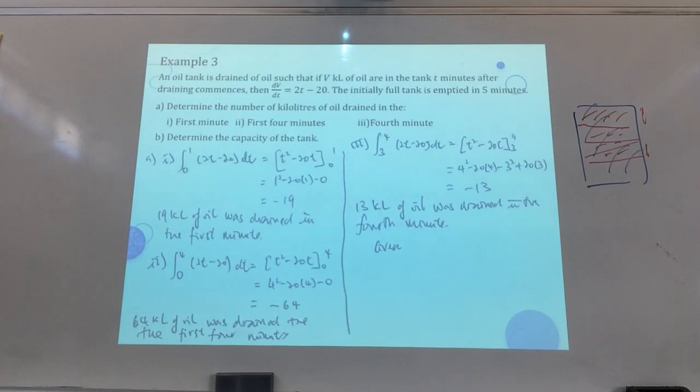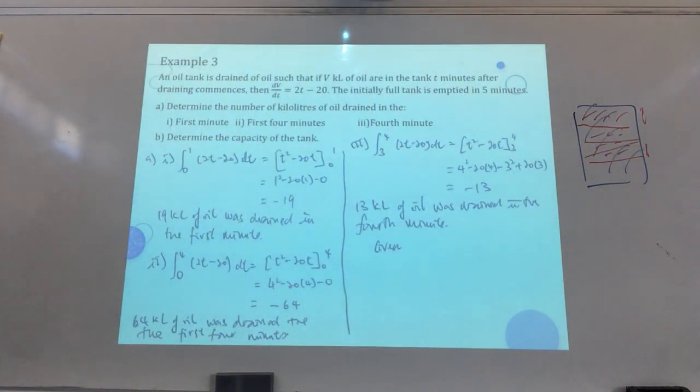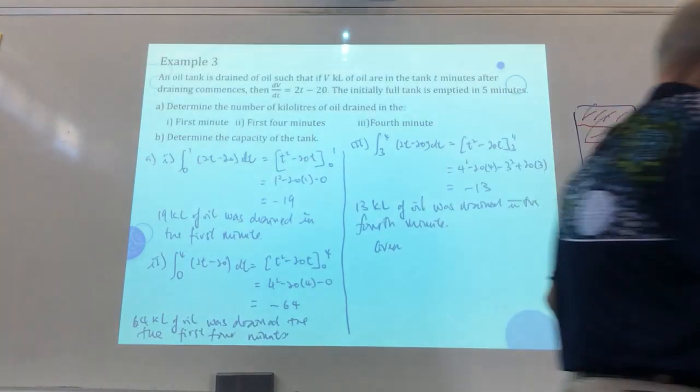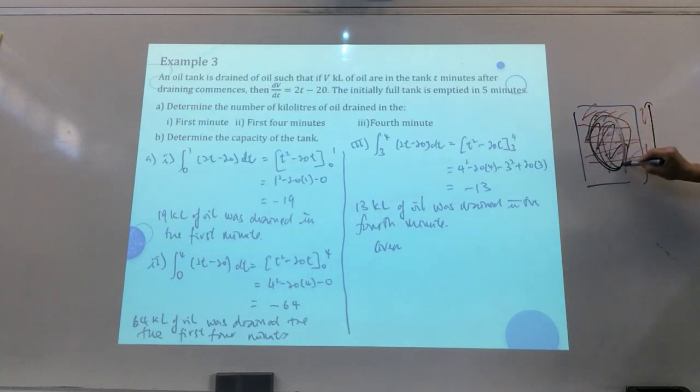Now, part B. Here, it says that the initially full tank is empty in 5 minutes. So within 5 minutes, this whole tank is emptied. There's nothing there. The whole tank is empty. Agree? So, therefore, if I integrate 0 to 5, I will get the capacity of the tank.